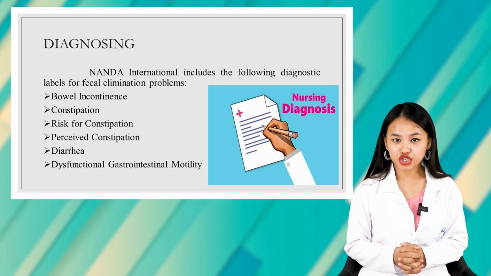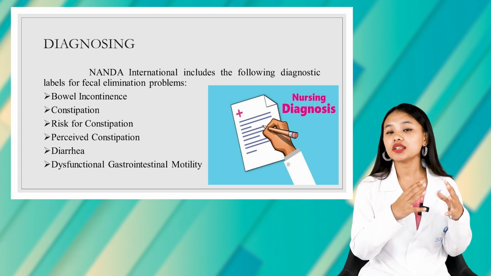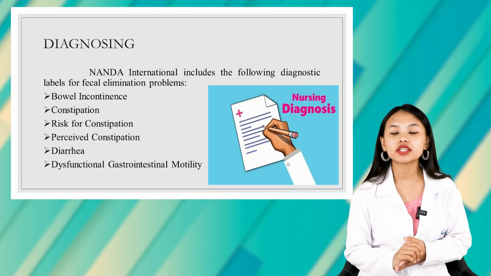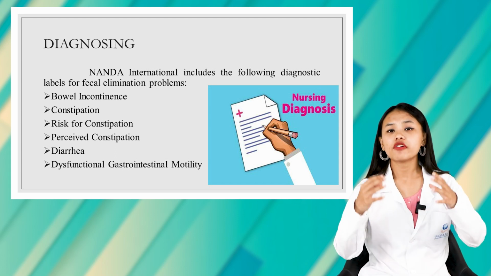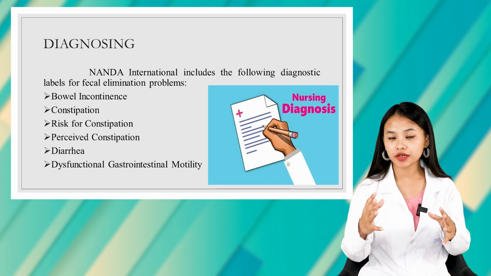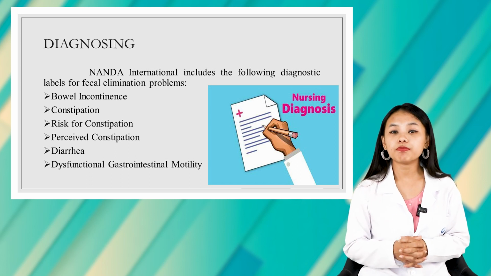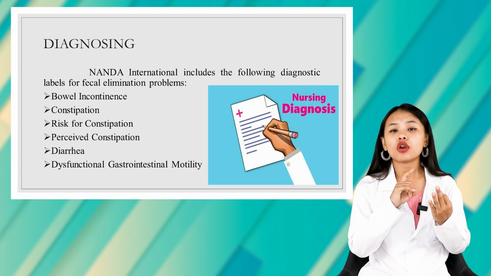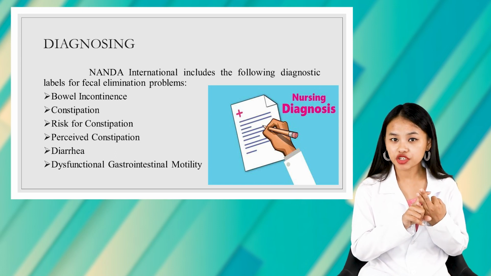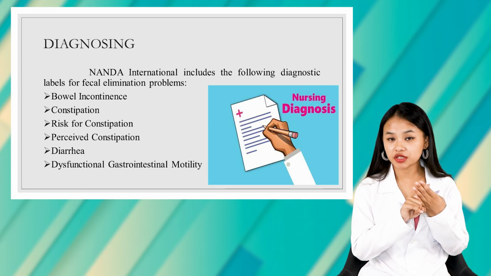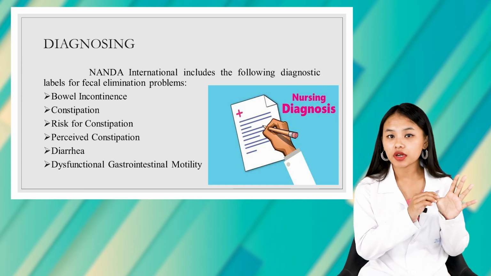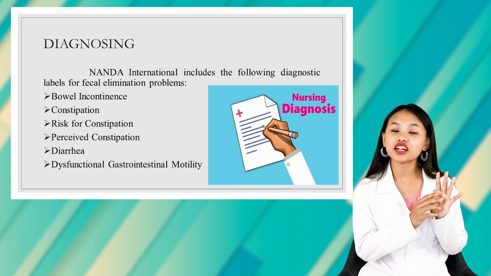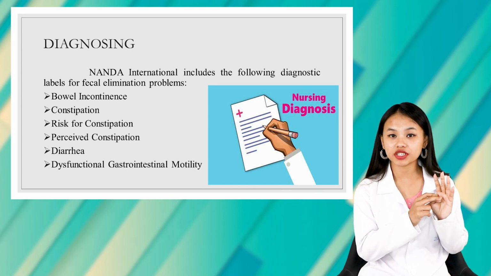Coming to the diagnosis, NANDA International includes the following diagnostic labels for fecal impaction: bowel incontinence, constipation, risk for constipation, perceived constipation, diarrhea, as well as dysfunctional gastrointestinal motility.